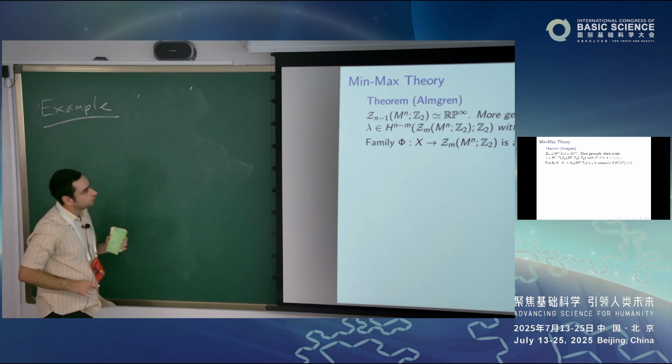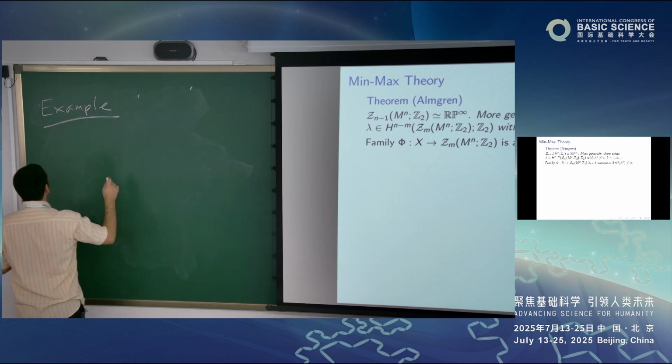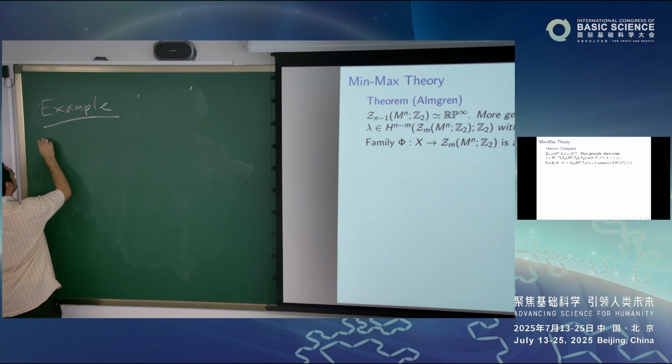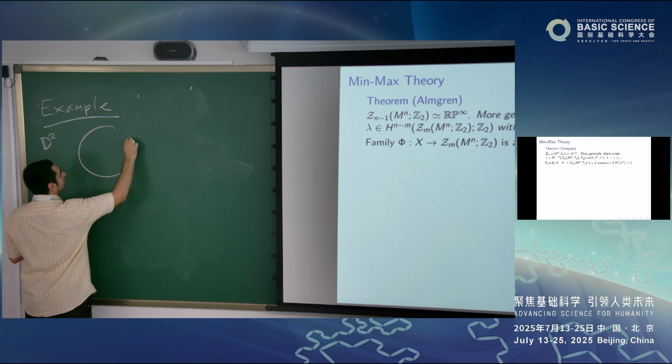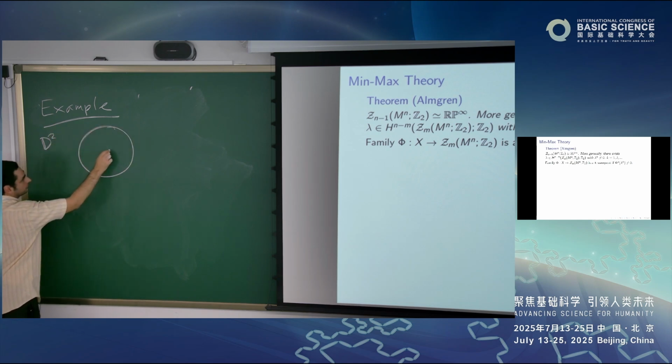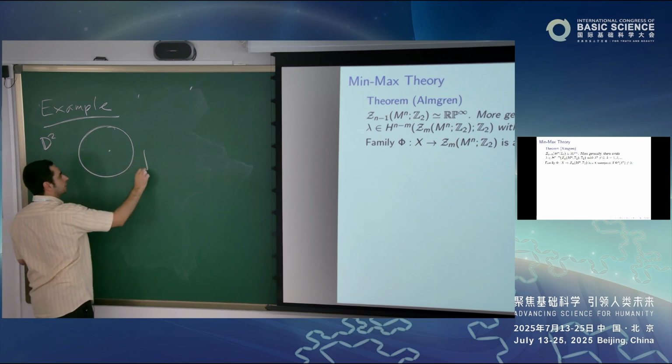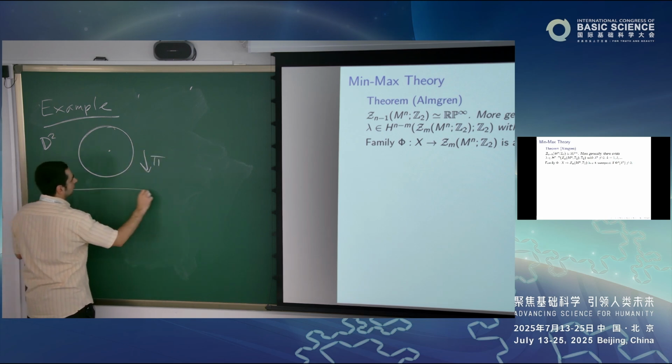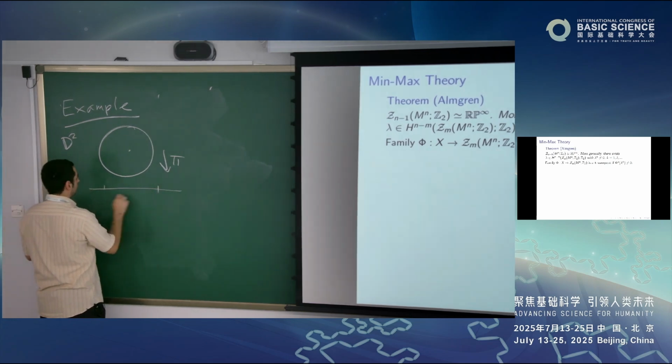So let me maybe give you an example, to make it a bit less abstract. Let's say our manifold is a unit disk, and consider the projection map onto [-1, 1].